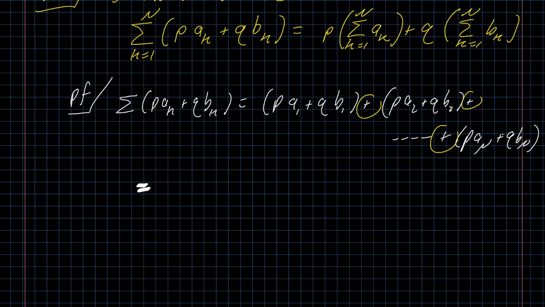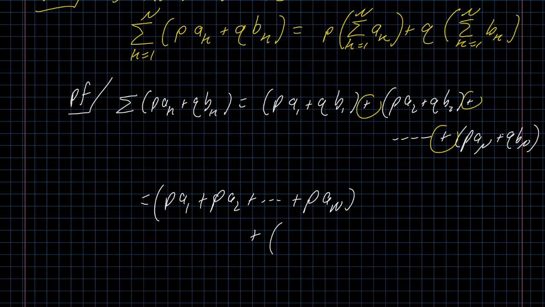And we can separately think about PA1 plus PA2 plus dot dot dot plus PAN, and we can separately think about QB1 plus QB2 plus dot dot dot plus QBN.